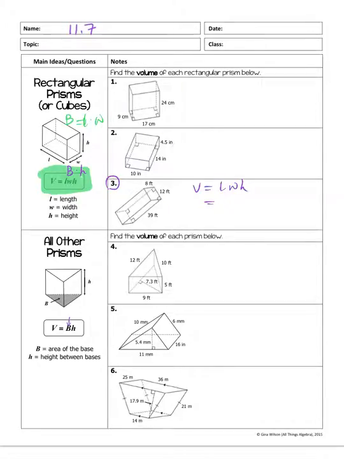In this case, I would do 39 as the length, 8 becomes my width, and my height would be the green 12. If you multiply the three numbers together, you should have 3,744. In this case, it's cubic feet. So now we're talking about power of 3. Cubic feet right here.